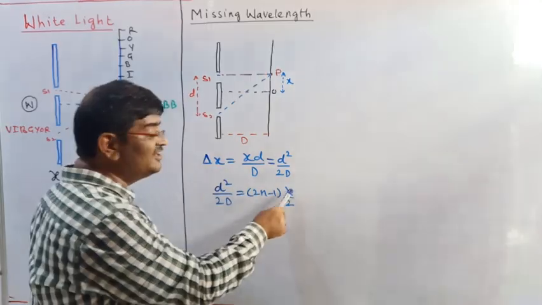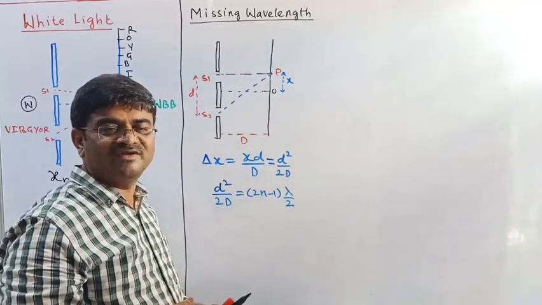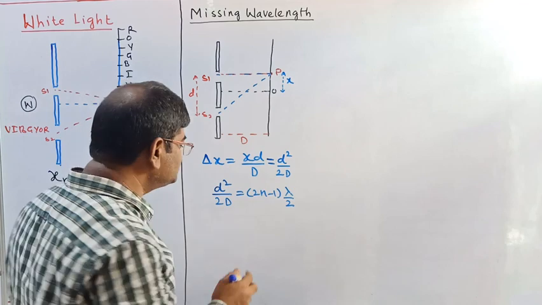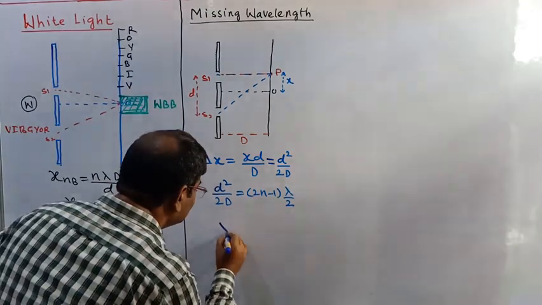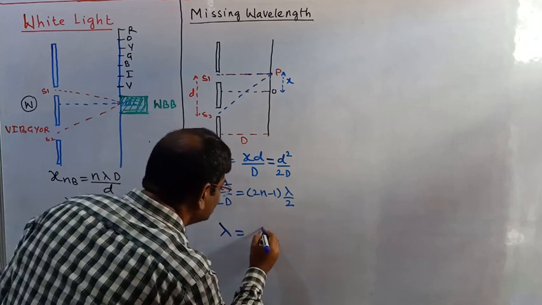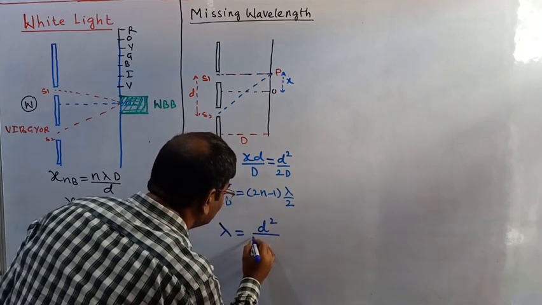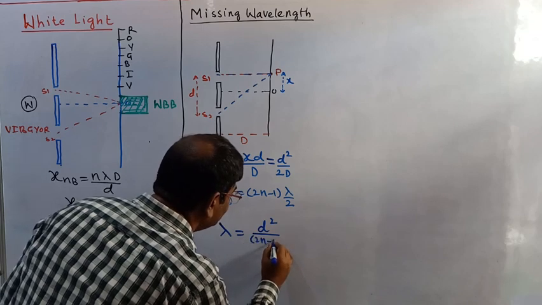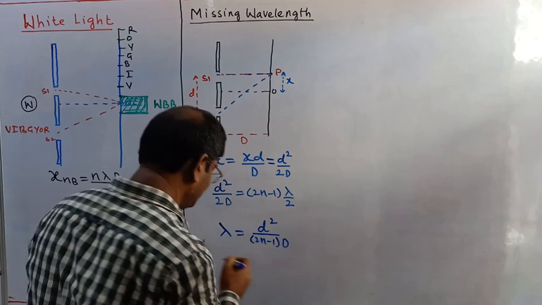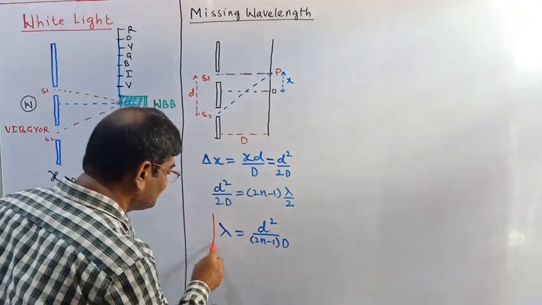This lambda I need to know. What is the value of the missing wavelength I have to calculate? So I'll rearrange: lambda equals, this 2 will get cancelled, d square divided by (2n minus 1) into D.